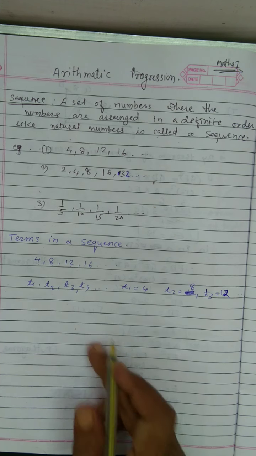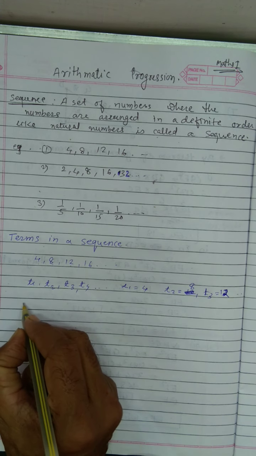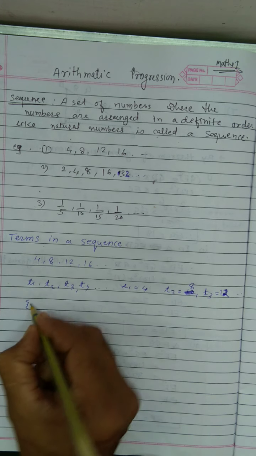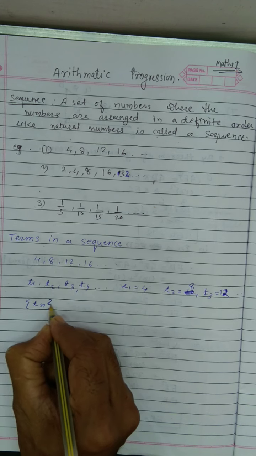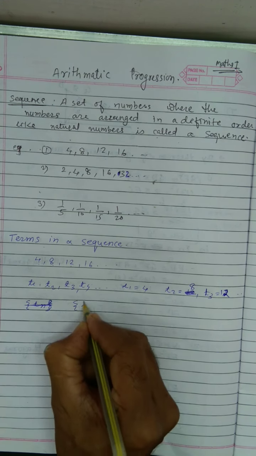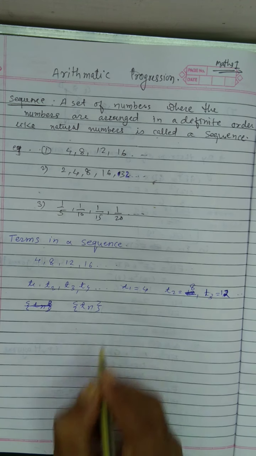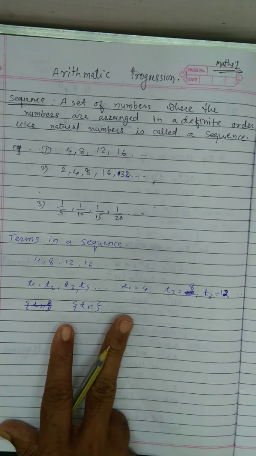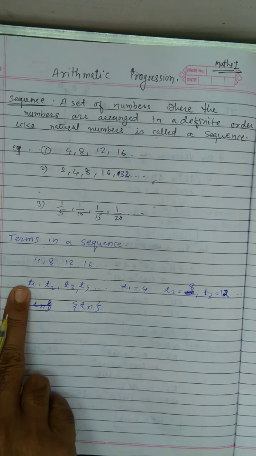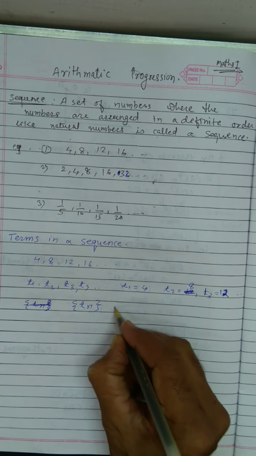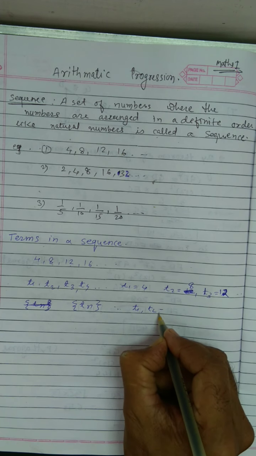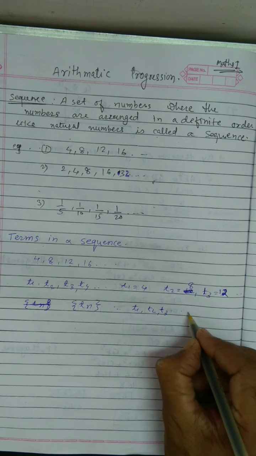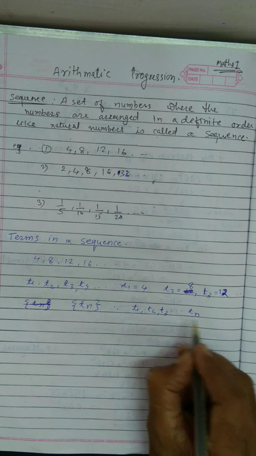The sequence is written in general as {Tn}, in curly brackets. That means this is the sequence which has the terms T1, T2, T3, T4 and so on, up to the nth term Tn.